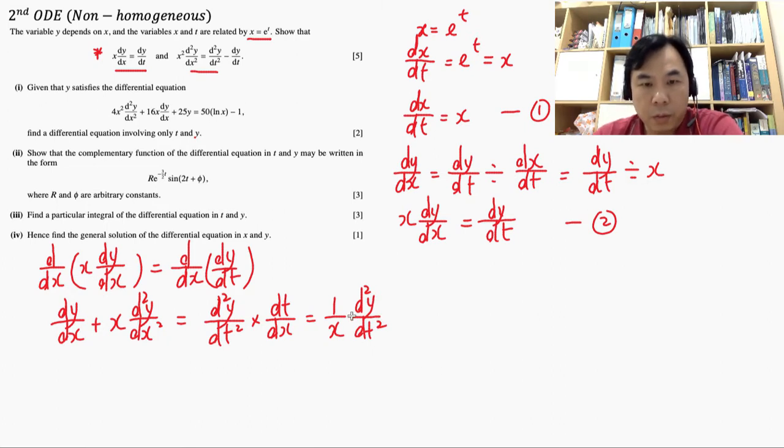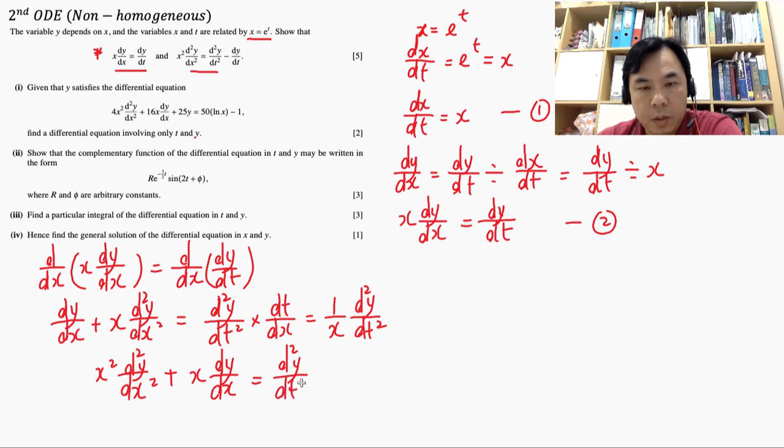All right. Now from here, I just need to rearrange this algebraically. So I'm going to multiply both sides by x. So therefore, I will have my second derivative plus x dy/dx is equal to d2y/dt squared.